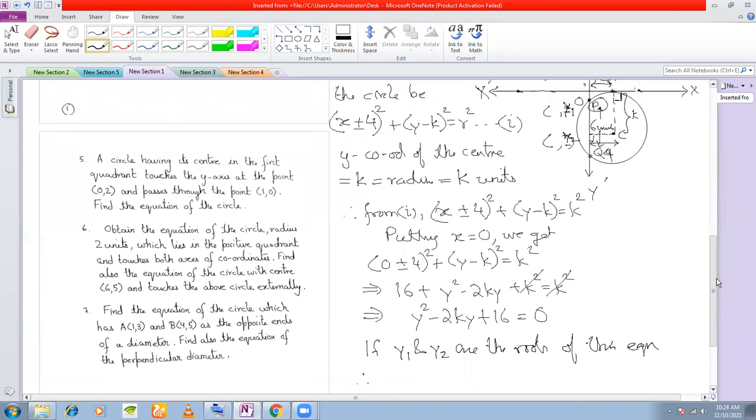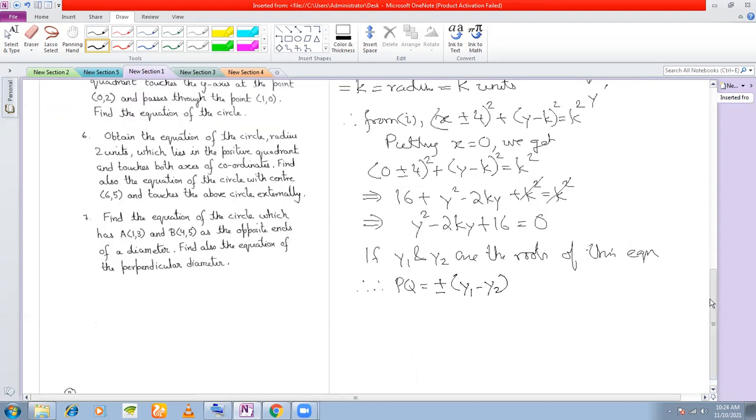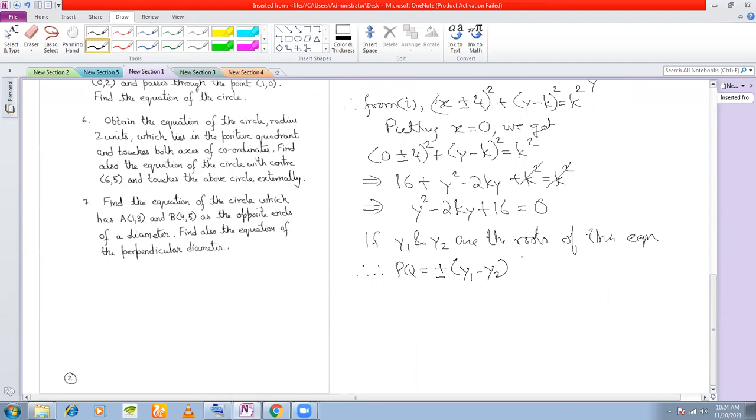So PQ must be equal to y2 minus y1, or y1 minus y2, in whichever order you take. Let's write this as ±(y1 − y2), because it depends on where you take y1 and y2. So what is y1 − y2? It is the difference of the roots, right?